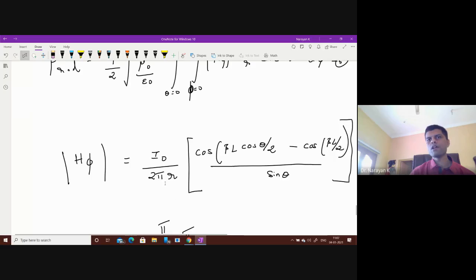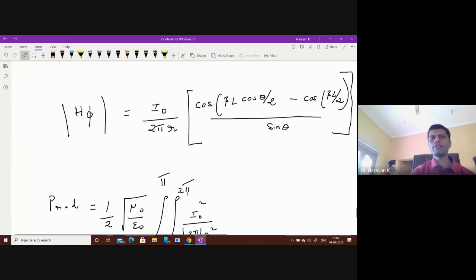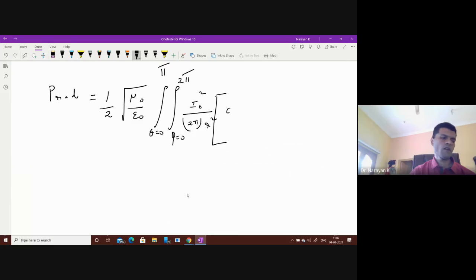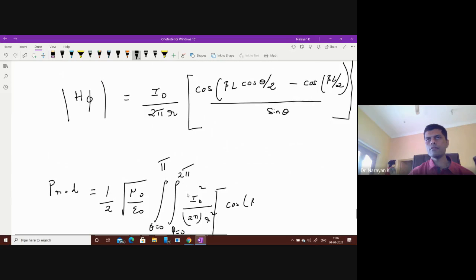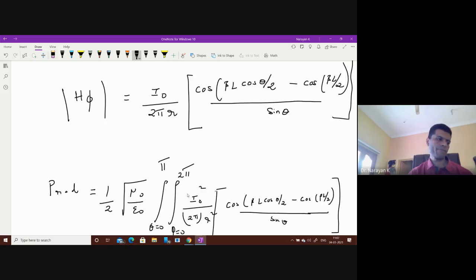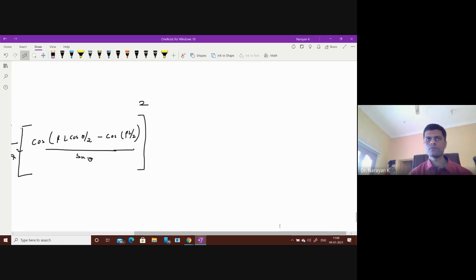Then this one will be cos of beta L cos theta by 2 minus cos beta L by 2, whole divided by sin theta, this whole square, into r square sin theta d theta d phi.